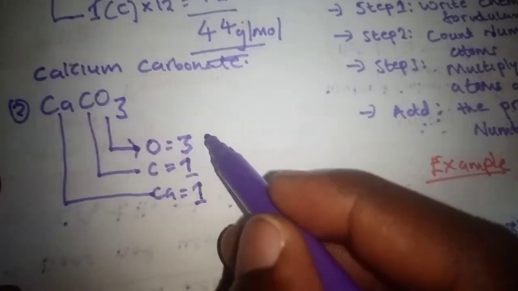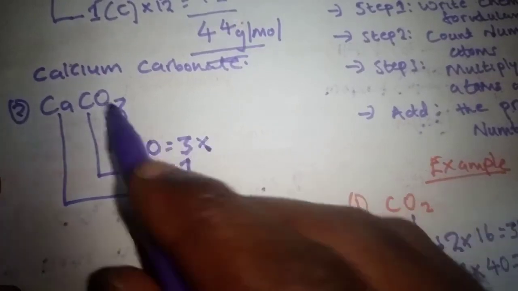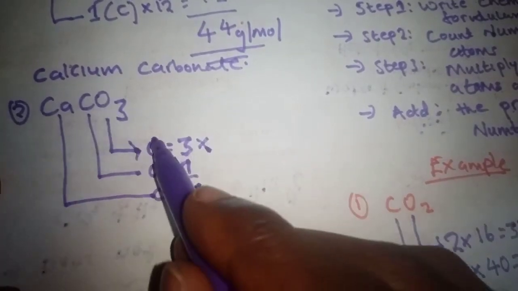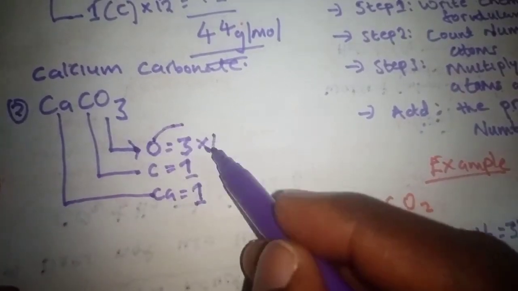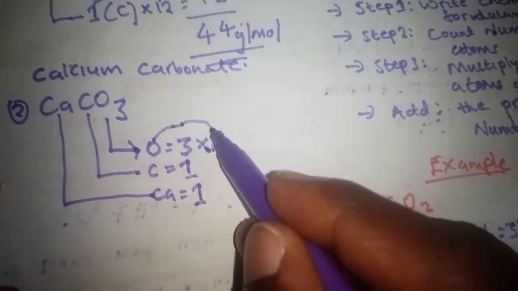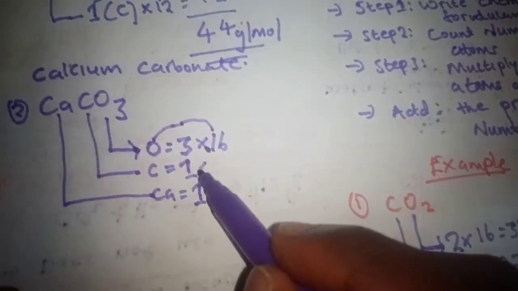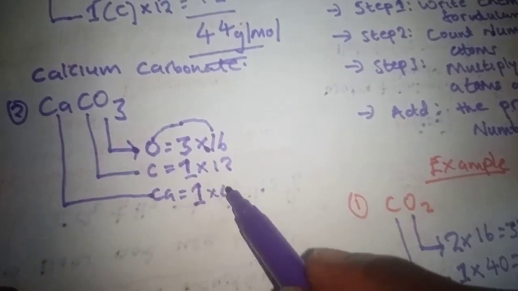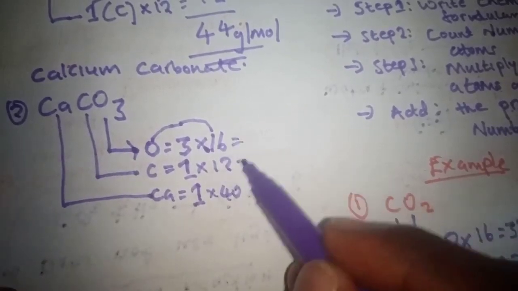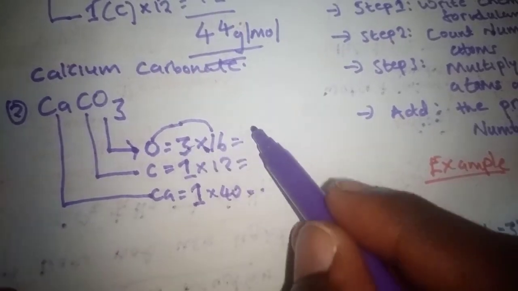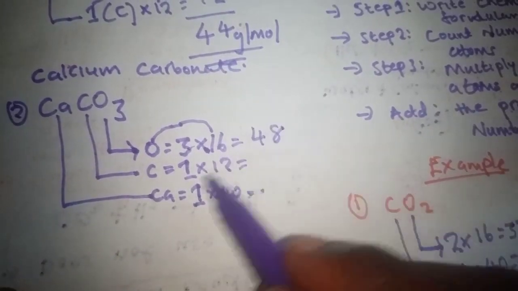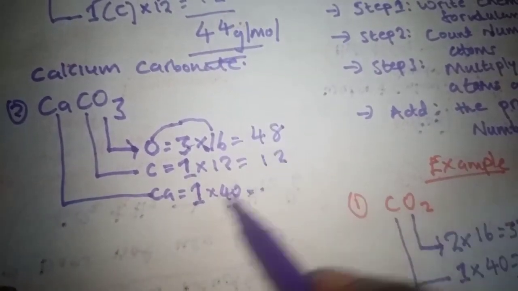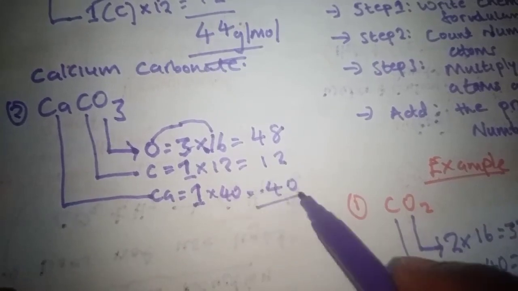So multiply the number of atoms times the mass number. Oxygen has the mass number of 16. Carbon has the mass number of 12. Calcium has the mass number of 40. So 3 by 16, that is 48. This will give us 12, and this will give us 40.